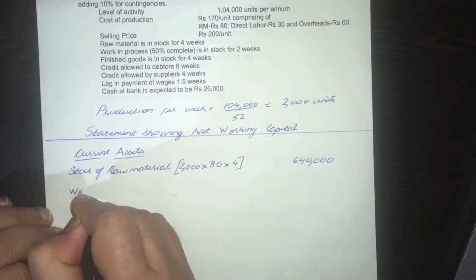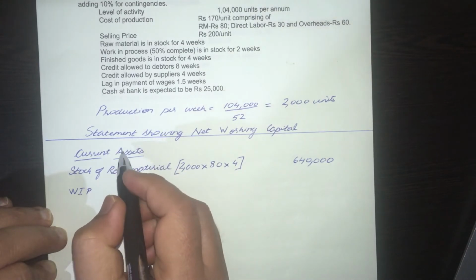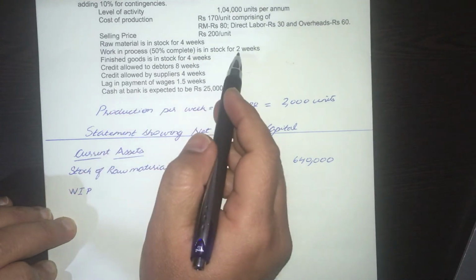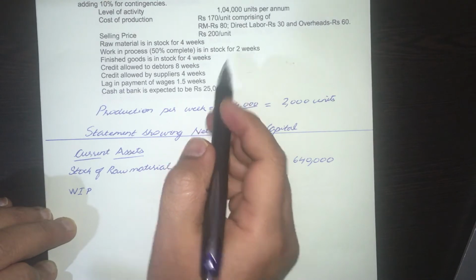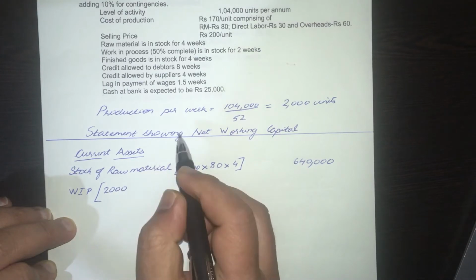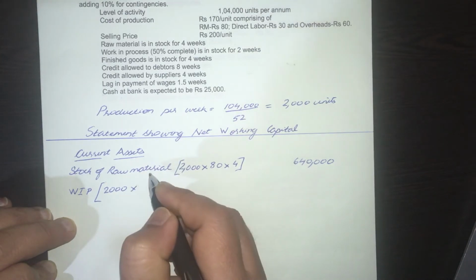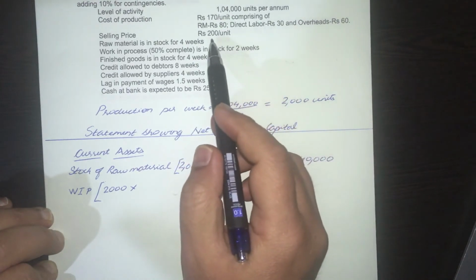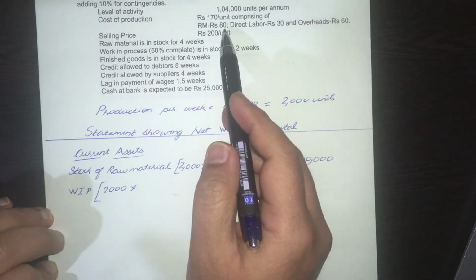So WIP, I'll just write WIP. Now, what WIP is in stock for how many weeks? 2 weeks. All right. So it'll be 2000 into what is the price of work in process.